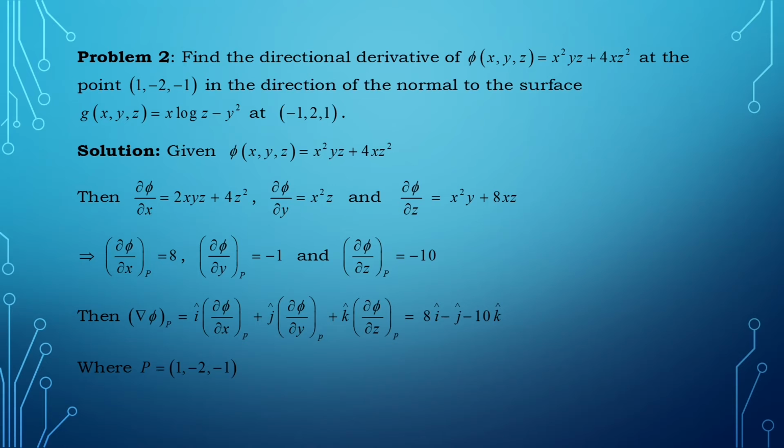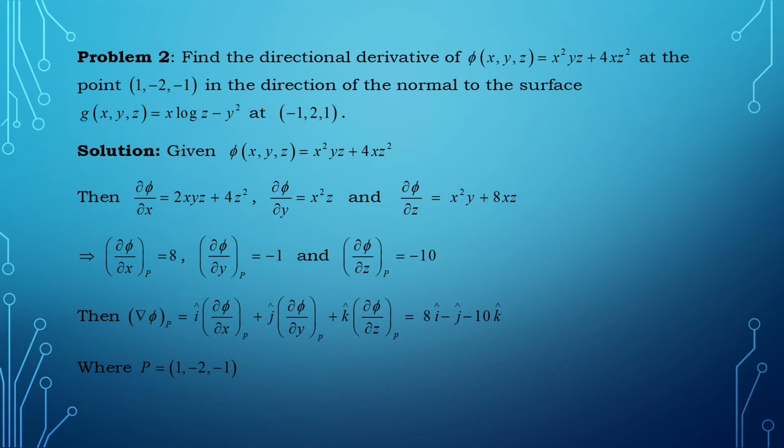The given point P is (1, -2, -1). To find the gradient of the given surface phi, first we have to find its partial derivatives, dou phi by dou x, dou phi by dou y, and dou phi by dou z. First, let us find these partial derivatives.